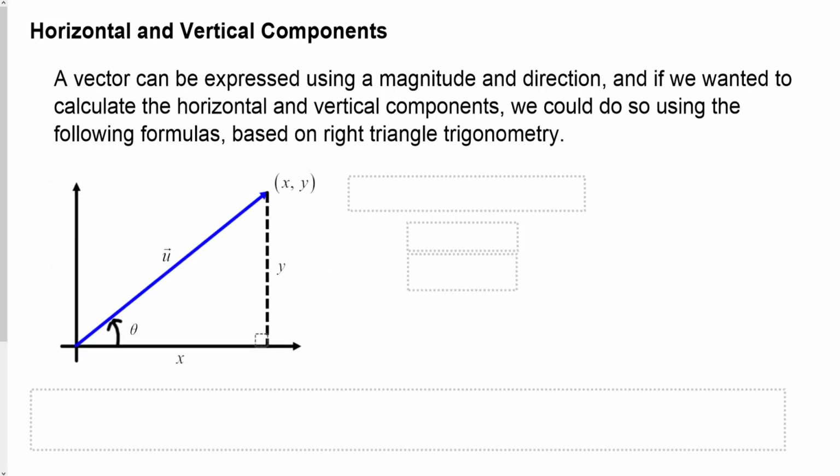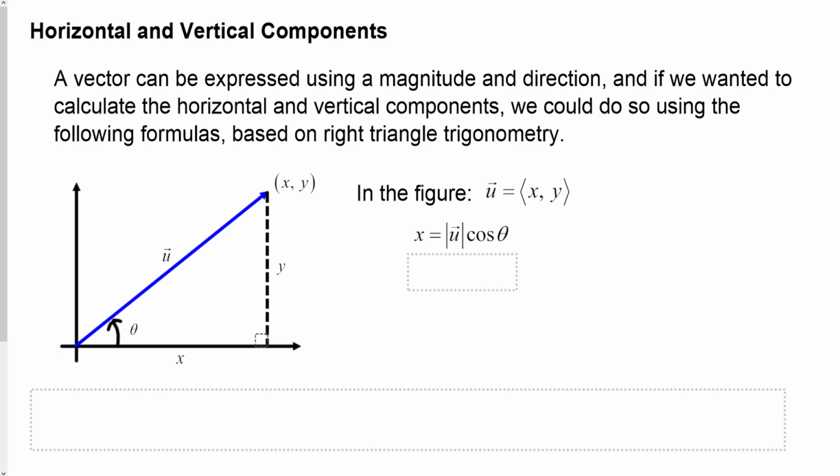If I have some vector u with an endpoint (x, y), then I can define the value of x as the magnitude of u times the cosine of angle theta, and y as the magnitude of u times the sine of theta. So there's always this strict relationship between the x and y components of the vector and the magnitude and the direction. So you can go either direction.